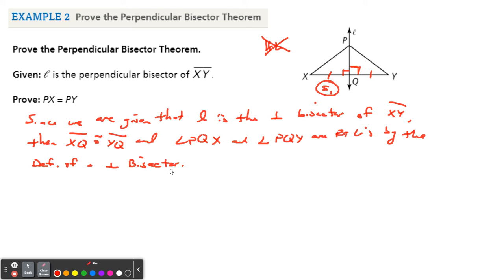So then I should say that these two right angles are congruent. Okay? So that's my next step. So since all right angles are congruent, angle PQX is congruent to angle PQY.